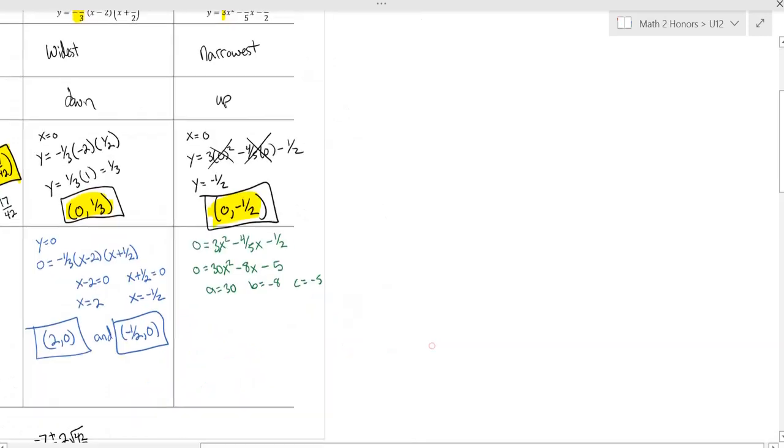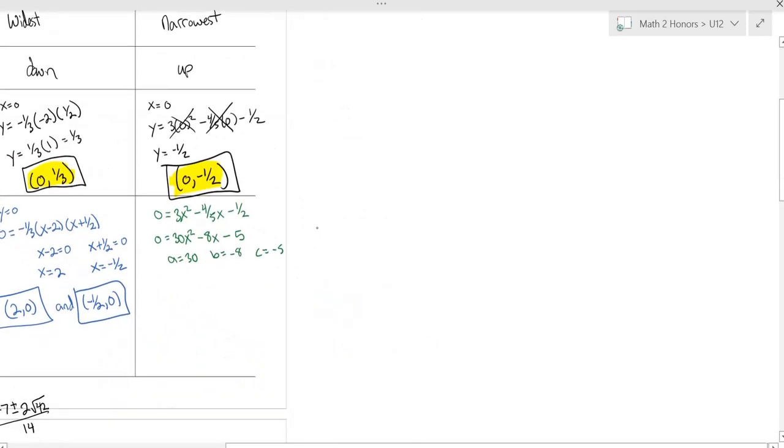Now I'm going to use the quadratic formula on this. So x is negative b plus or minus the square root of b squared minus 4 times a times c, all over 2 times a. And that's the quadratic formula, something that you're going to want to have memorized for next year.